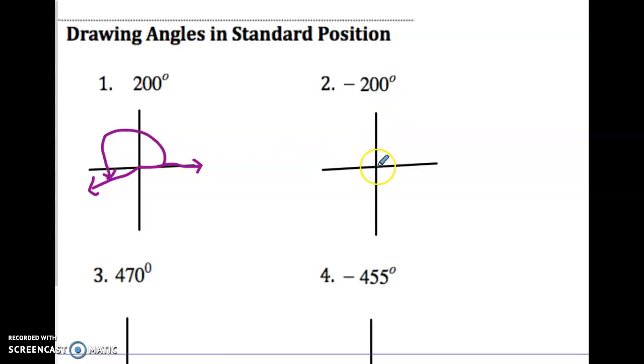Negative 200 degrees would be going the opposite direction. We still start our initial side on the positive x-axis, only this time we're going around this way, so about right there. That's 90, 180, 200 degrees.